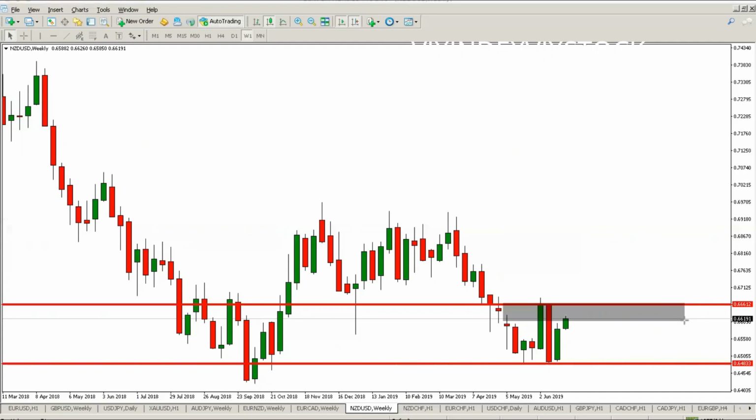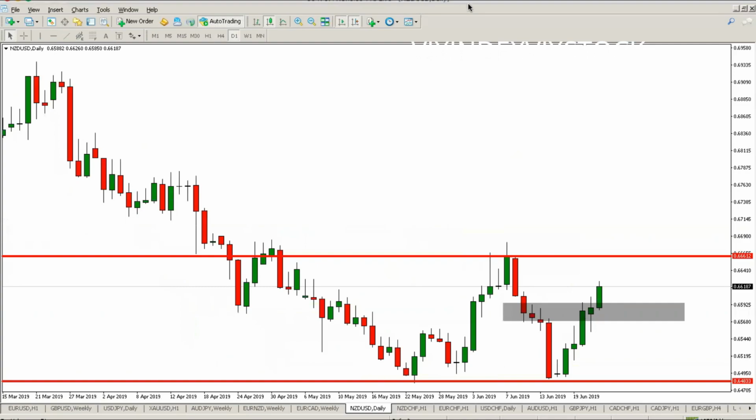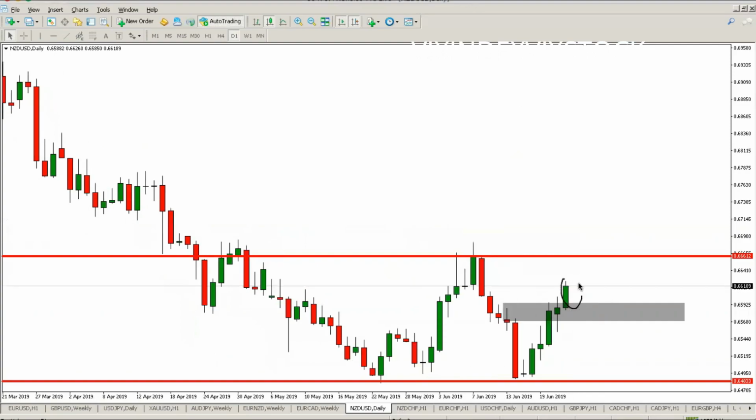You're looking forward to buy. Then you go to daily. So you see what you have there. So now the market, there's no reversal. So we're looking forward to take it all the way up there. So that's what we have. Buy. Buy confirmation.